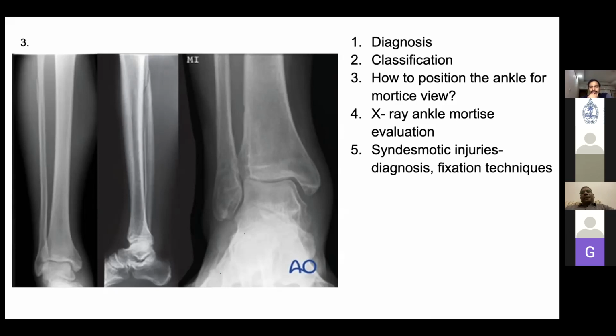Sir, this is a plain radiogram of the ankle joint of a skeletally mature patient. Yes, very good. Showing the ankle joint and mid to distal third of the leg with transsyndesmotic injury. Yes. With proximal third fibula fracture.